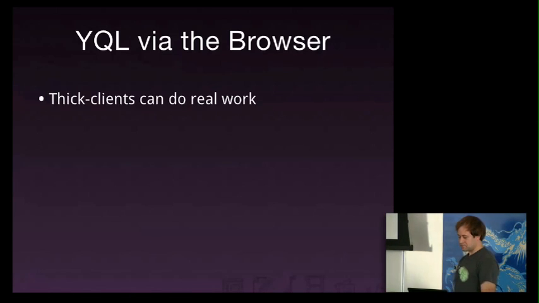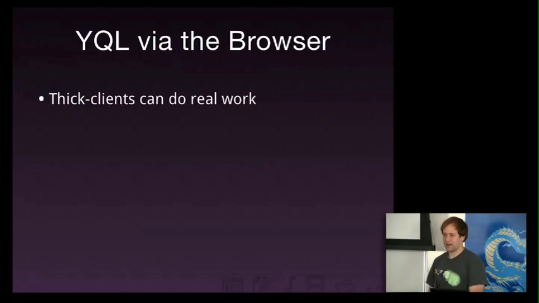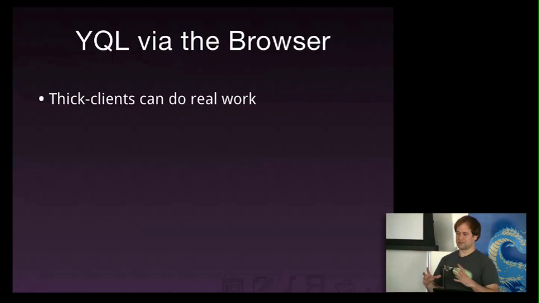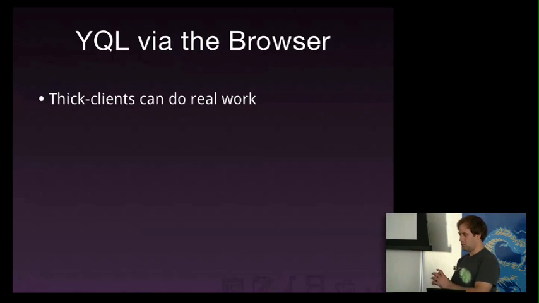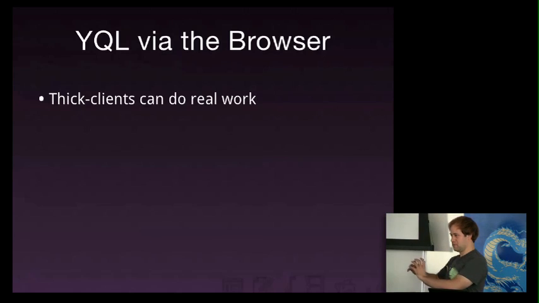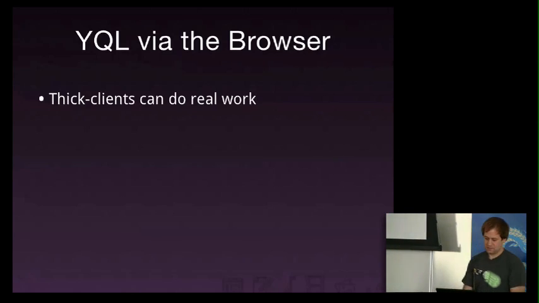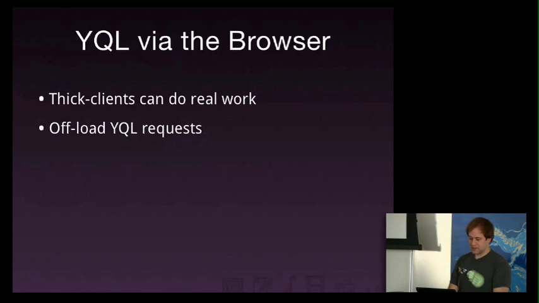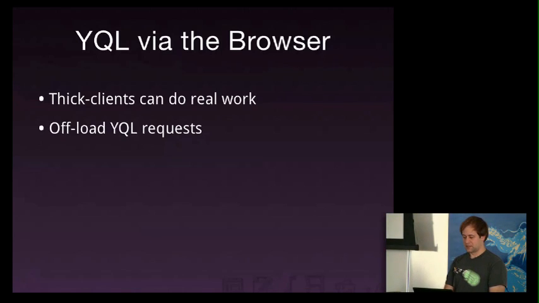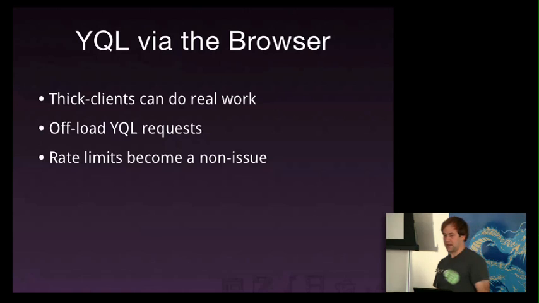And when you have these thicker clients, when you have frameworks like YUI, this is made really easy. We have one set of URL processing code that we wrote that's in YQL, and we can access it from the browsers or the server. And this allows us to offload the requests, and rate limits kind of become a non-issue.